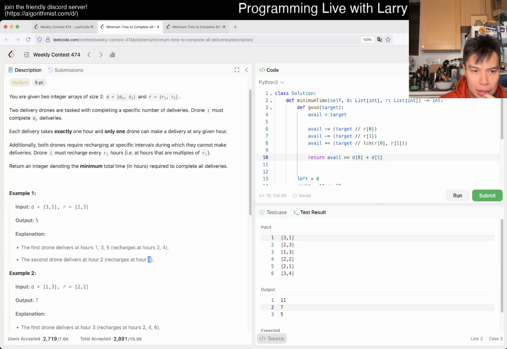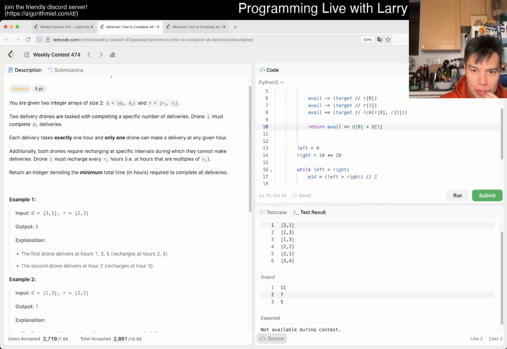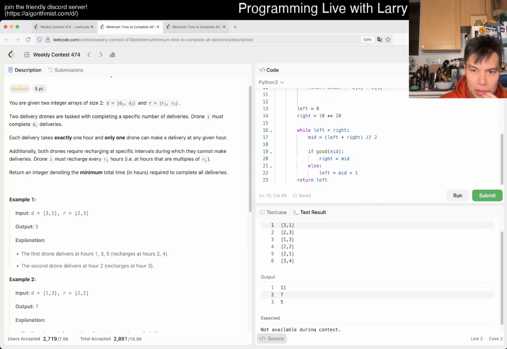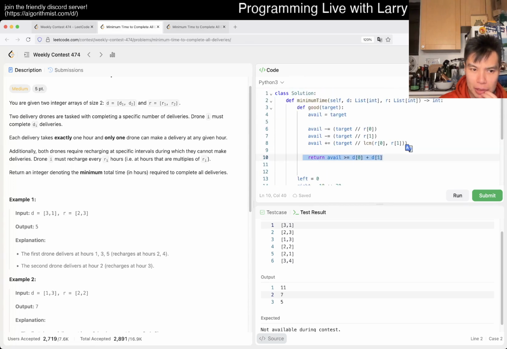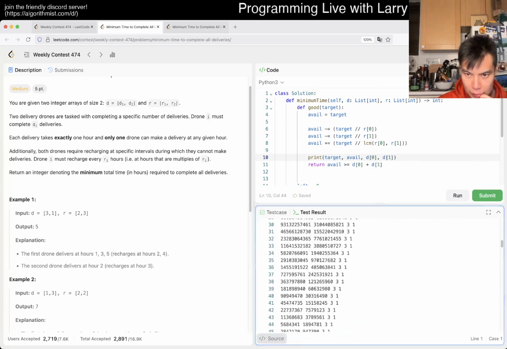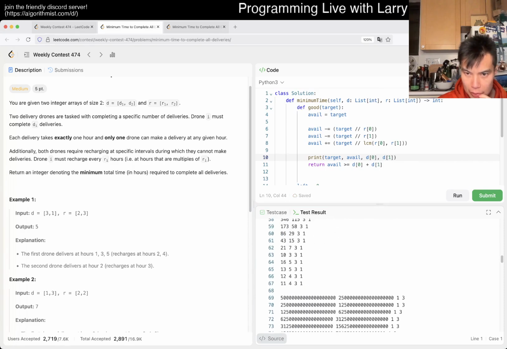Charges at 3. So this means that this is force more than it is, right? 11 we have. Okay, 10 is still good.